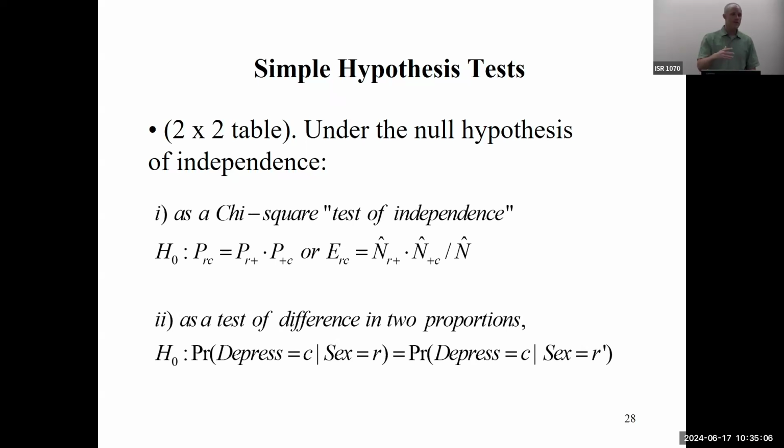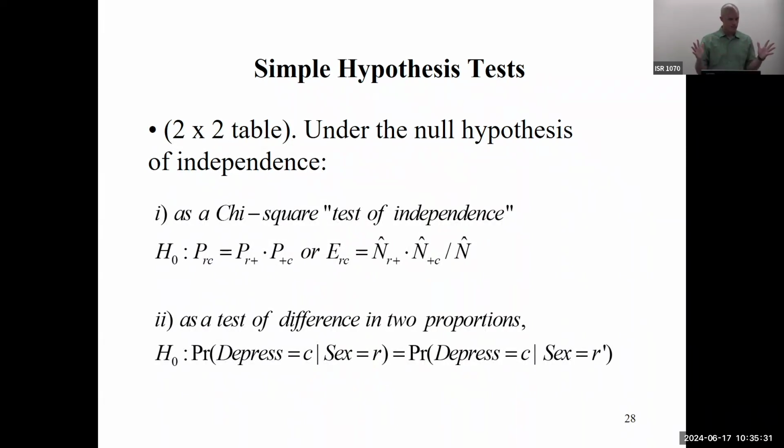For a 2x2 table, another way that we could frame that null hypothesis of independence is as a test of a difference in those two proportions. Are those two proportions equal to each other? If your sex is equal to R, is the probability of depression equal to the probability of depression if sex is equal to R prime? Are those two different from each other?